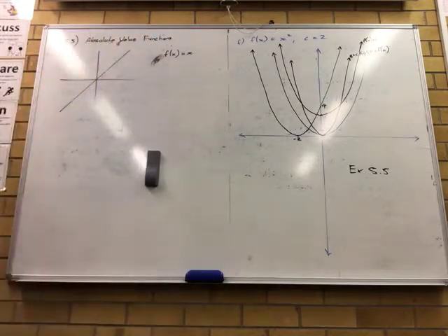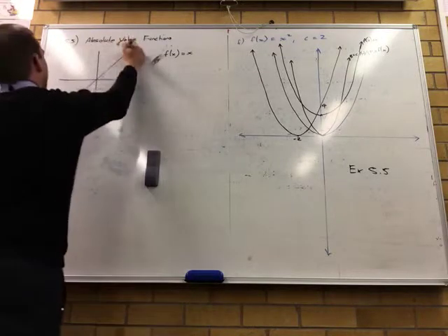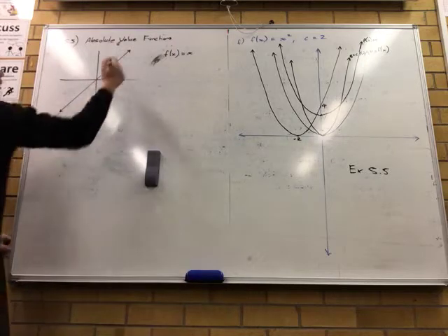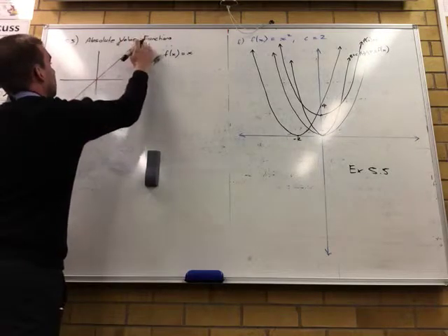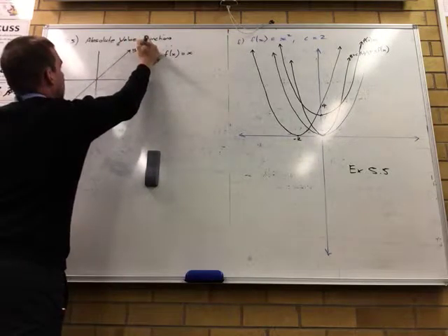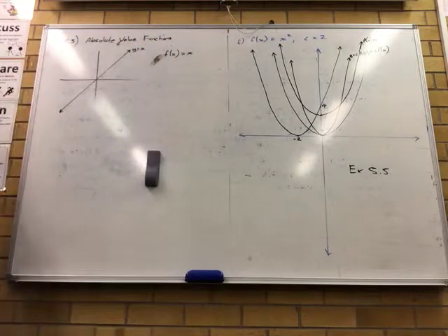Okay, so we've got that diagonal line right between the centres of the first and third quadrant. So that will do, y equals x there.